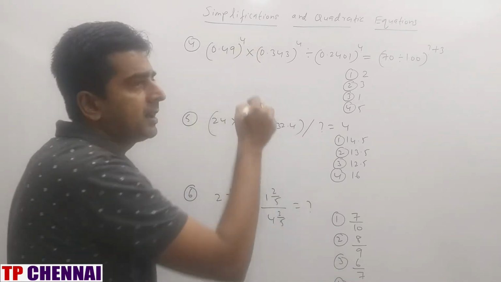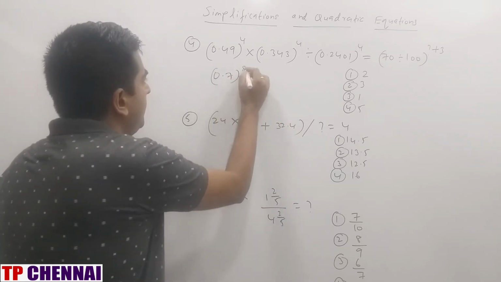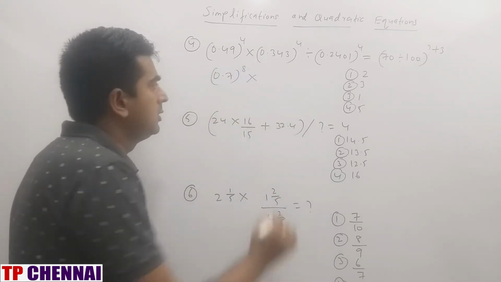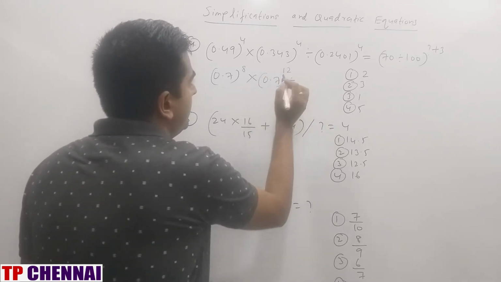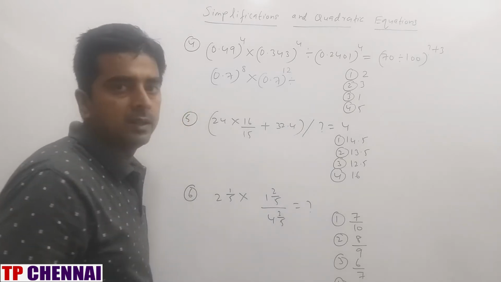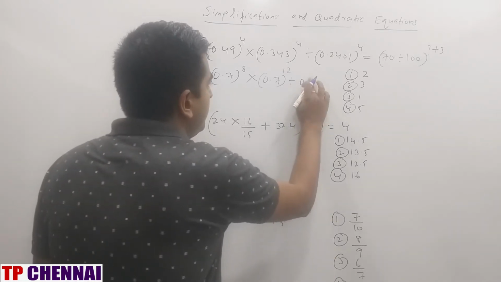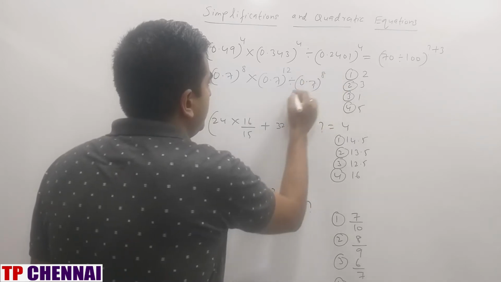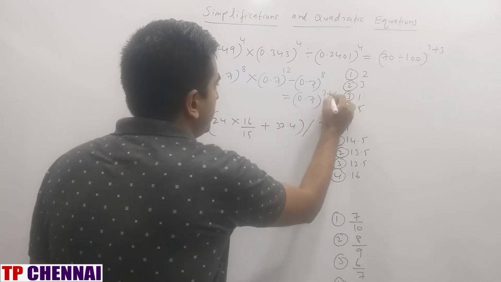So x power m whole power n is x power mn. So 0.7, this will be 8. This is 0.7 whole cube, so 0.7 power 12, divided by 0.2401 is nothing but 0.49 whole square. That means 0.7 whole power 8 is equal to 0.7 whole power question mark plus 3.